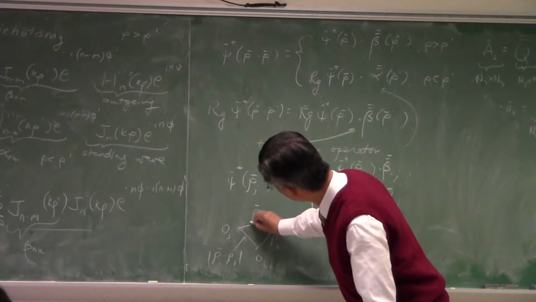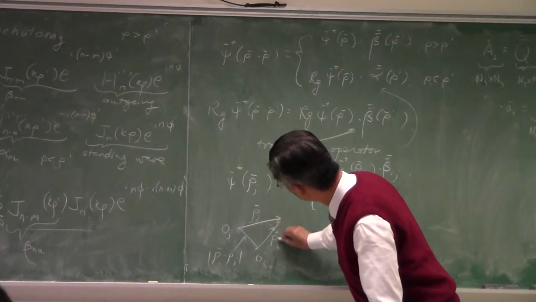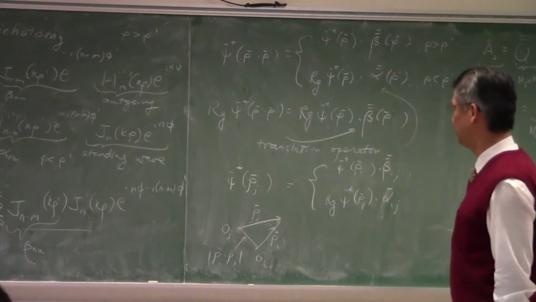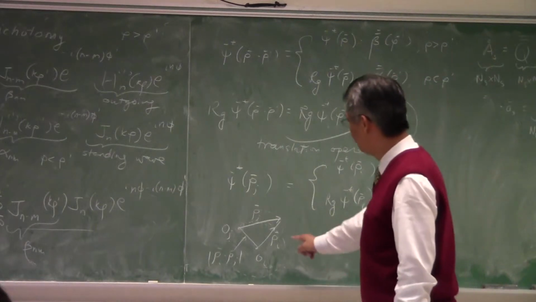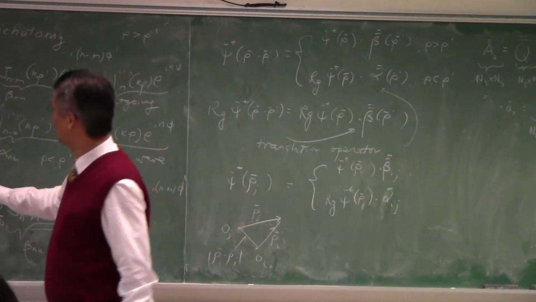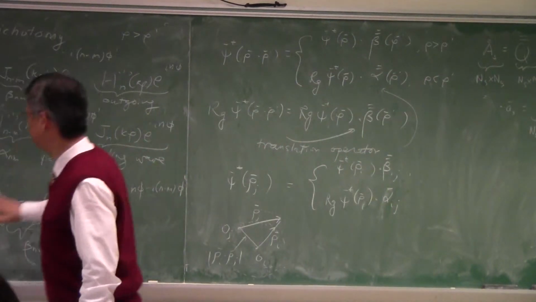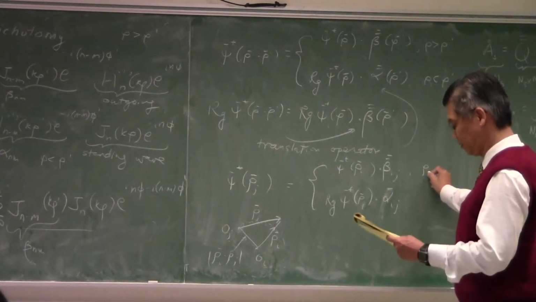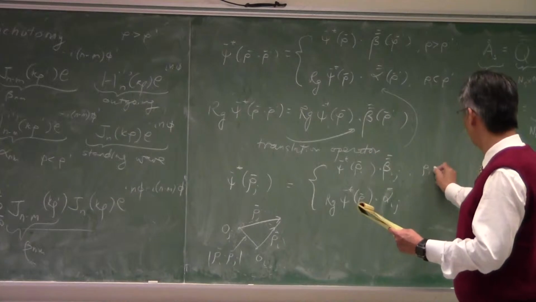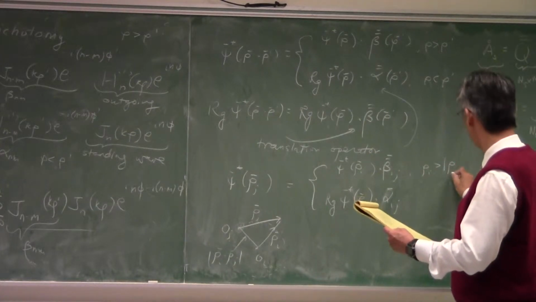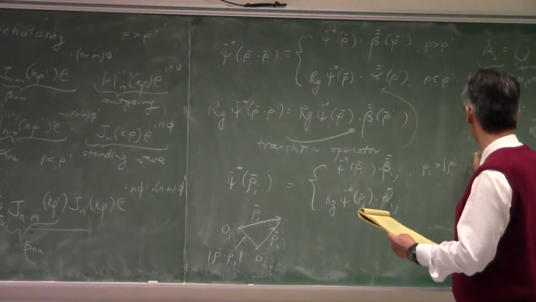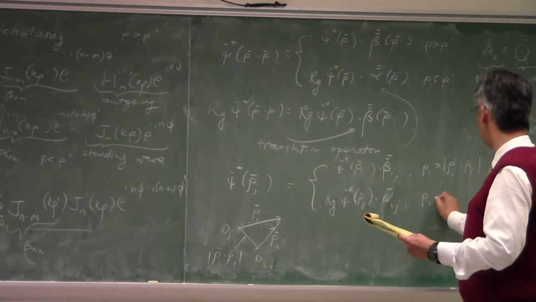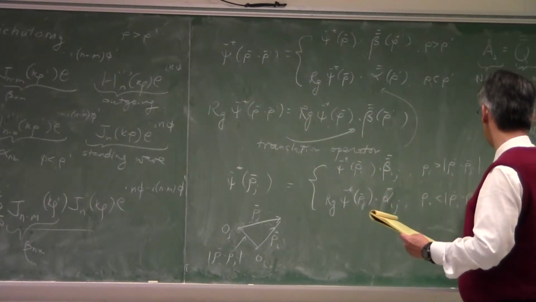Okay, there's a circle here, the same circle as I had drawn just now. If my rho sub i is larger than that circle, it's the same as being outside that circle over there. So this is the same as this thing has to be larger than rho i minus rho j. The other case, inside the circle, is the same as rho i less than rho i minus rho j.